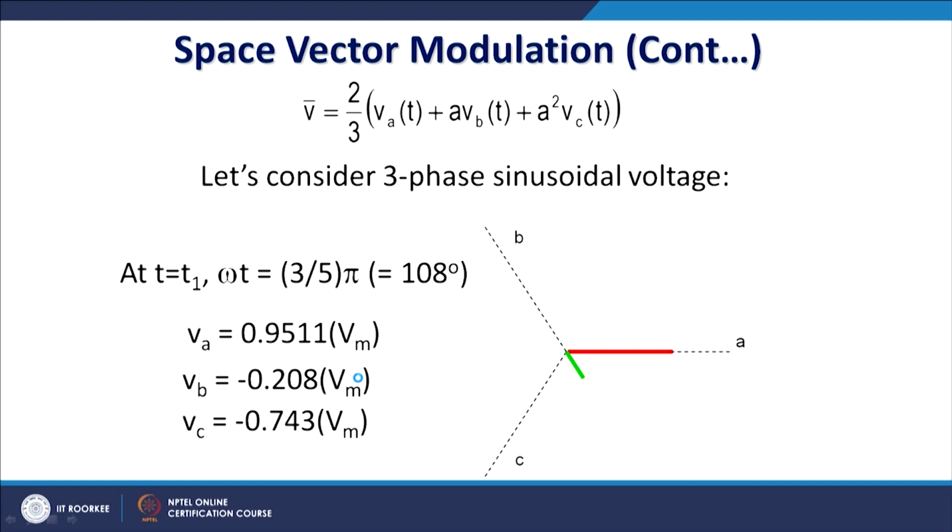Thereafter, we find the magnitude of Vb, which is minus 0.2, and this is the magnitude of Vc, and ultimately this is the resultant of it. This is the average value we will apply. So, instead of generating these three voltages, if we can generate this black line, that will be sufficient to generate the necessary parameters to run the machine or fit into the particular voltage required by the STATCOM or other devices.